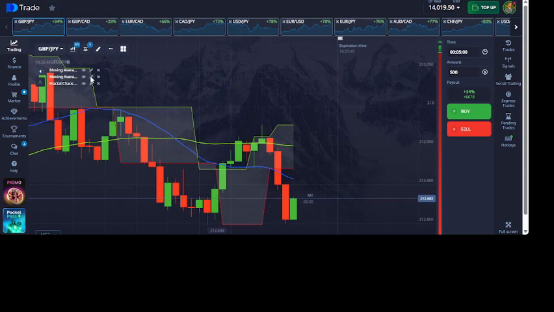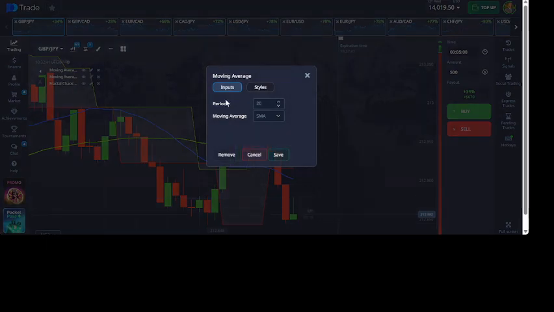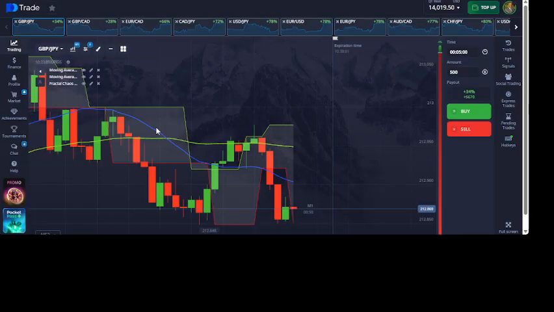And for my moving average indicator, the first moving average I've set to 20 period SMA. And in the style settings, I've changed the line width to 2 pixels, blue for the 20 SMA here. So that's the blue line here, the 20 SMA.